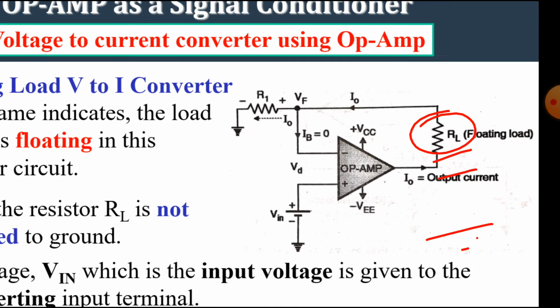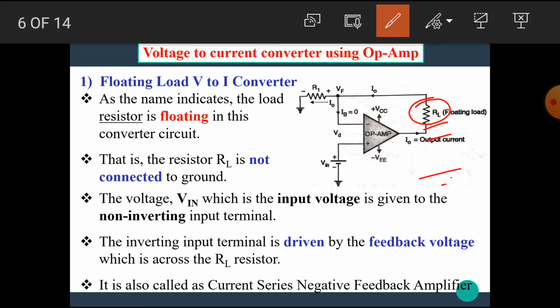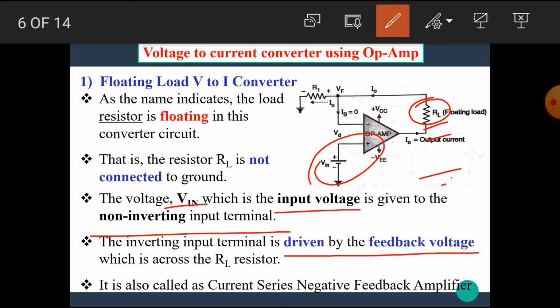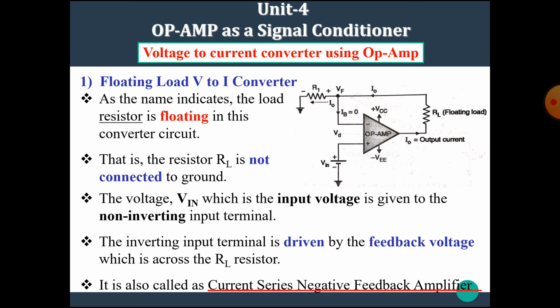I hope you all now understand the floating load configuration. Now the voltage Vin, which is the input voltage, is given to the non-inverting input terminal like this. The inverting input terminal is driven by the feedback voltage which is across the resistor RL. It is also called a current series negative feedback amplifier. Okay, I hope you all understand the connection diagram.